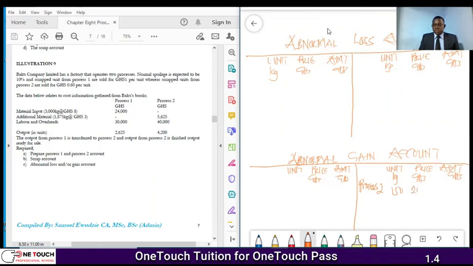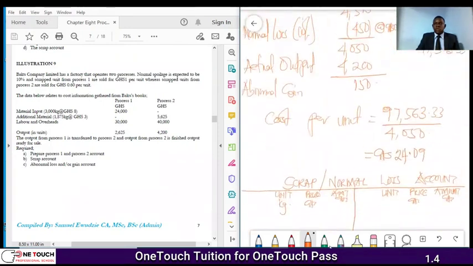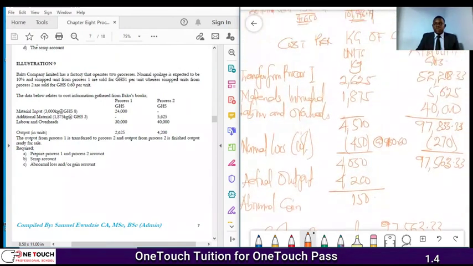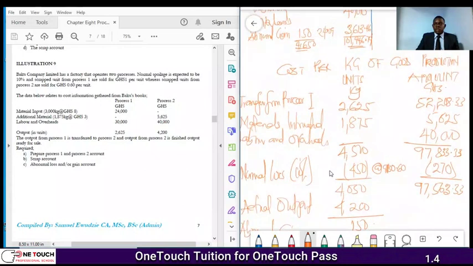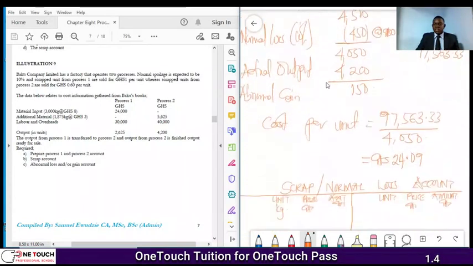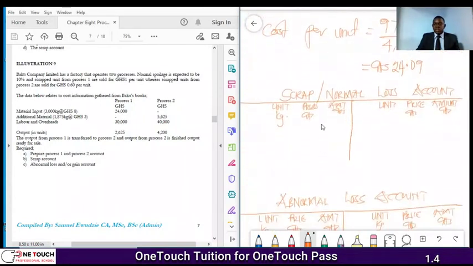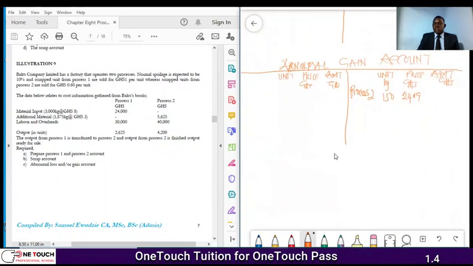It was valued at 24.09. That gives us a value of 3,613.46. Great.